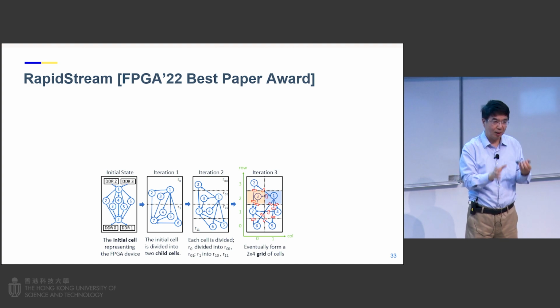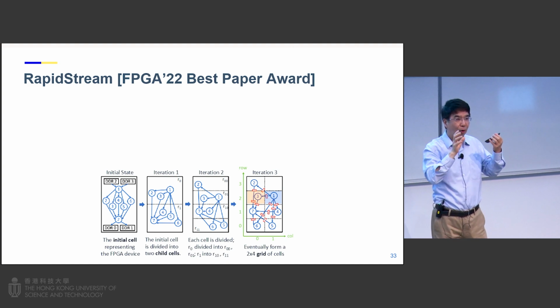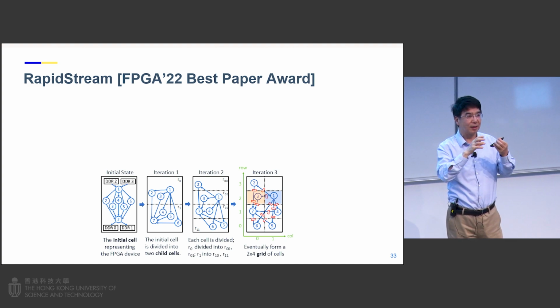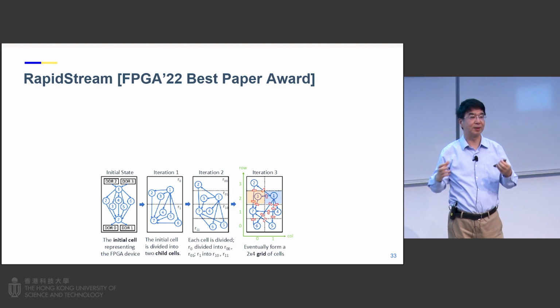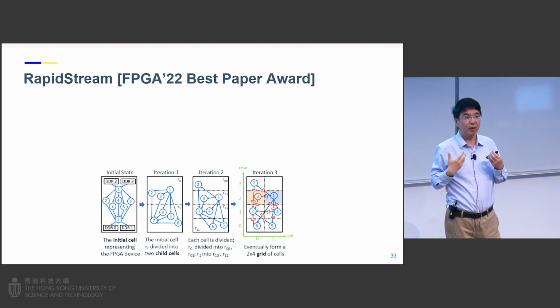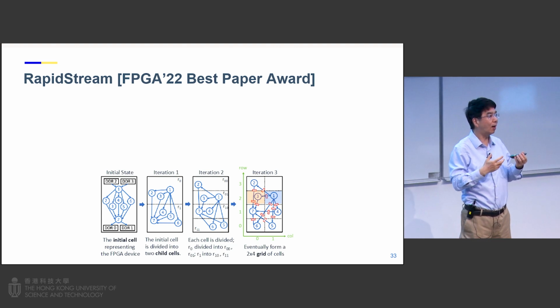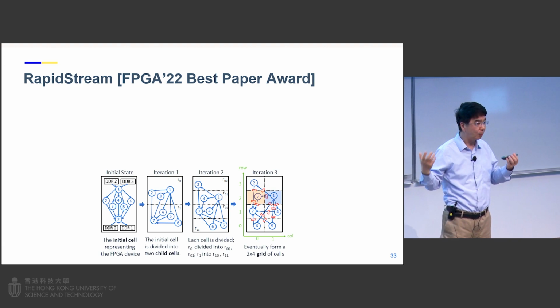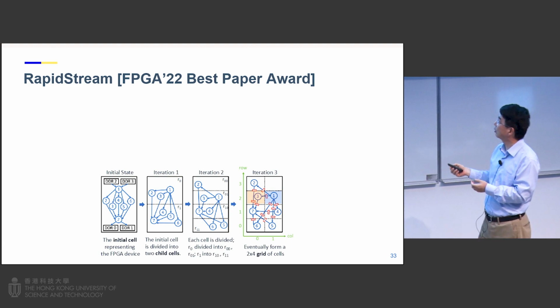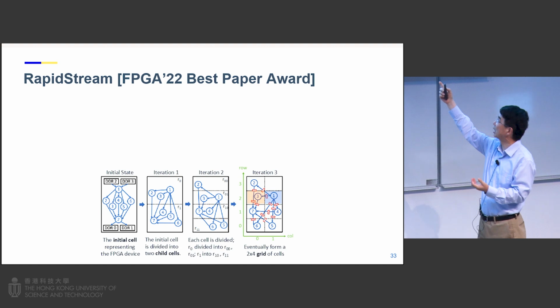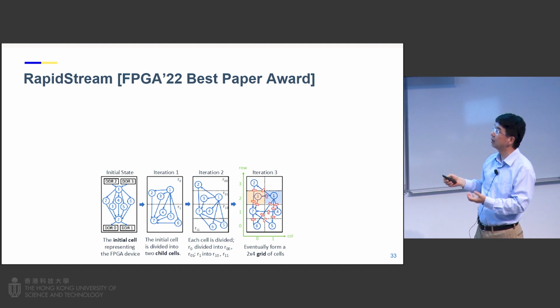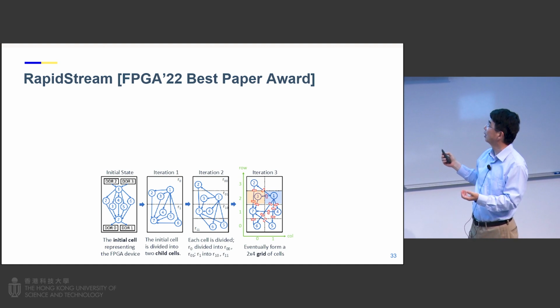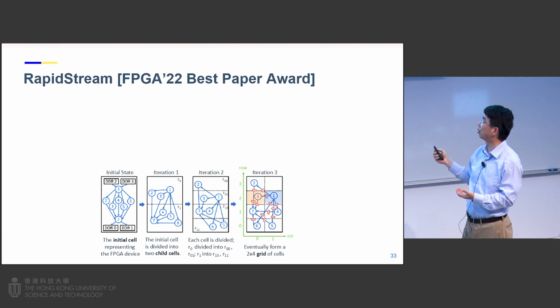So then you end up with circuits that are confined in each region. So now I have the freedom to decide how big or how small a region is, and how many I should have. In our case, we can easily get, for example, this 2x4, 8 regions, or we can get 16 regions. You don't want it to be too small, right? Because you will introduce all these pipeline registers.